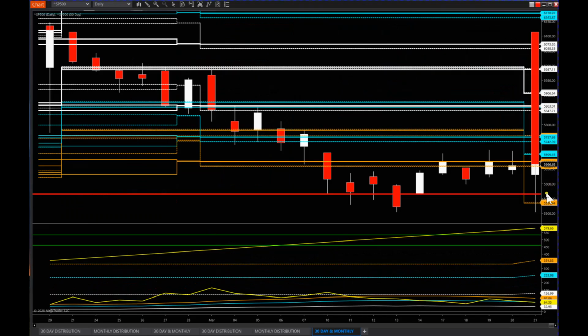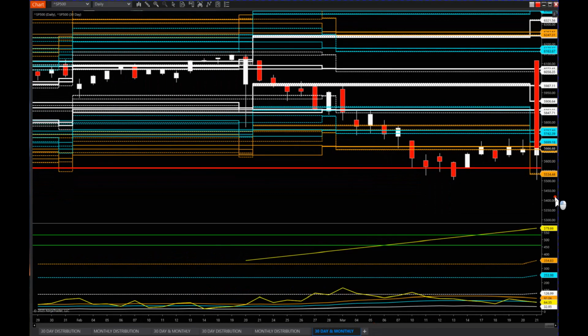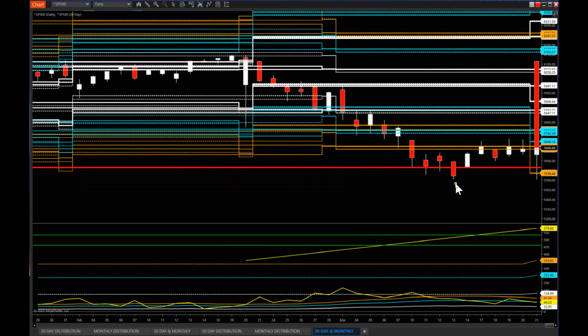You can see here the major spread putting them together, calculating both open and close. And let's put fibs on this again.